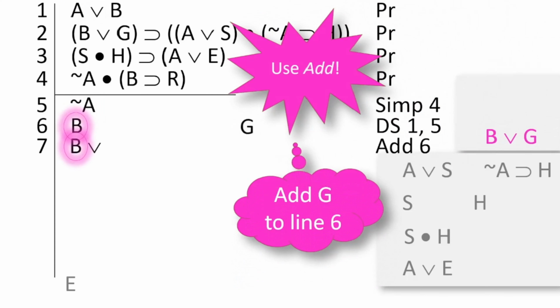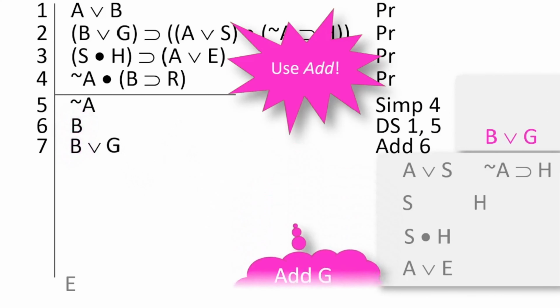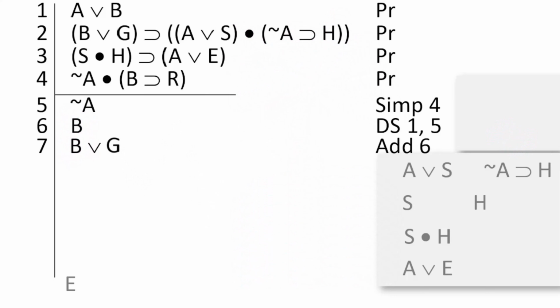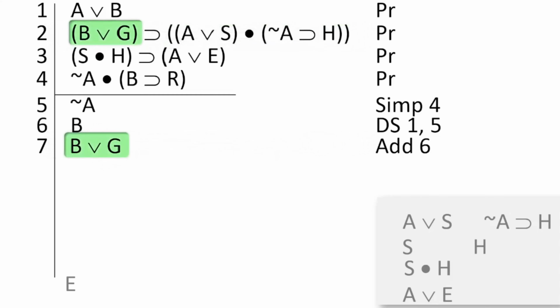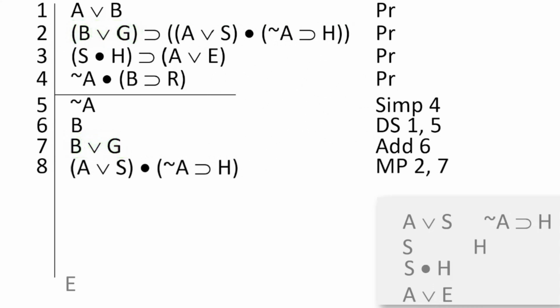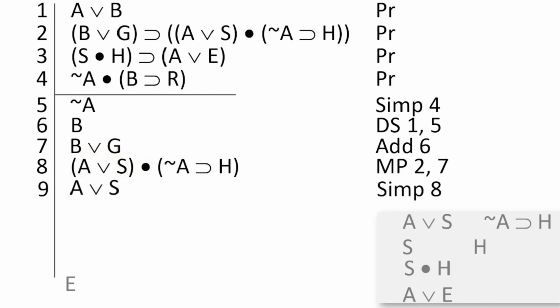We have B. We know what we want to add, G. Now that we have B or G, we can match the antecedent in line 2 and get the consequent. We derive the big conjunction by Modus Ponens, and we can immediately apply simplification to get the further two subconclusions that we wanted, A or S, and if A, then H.